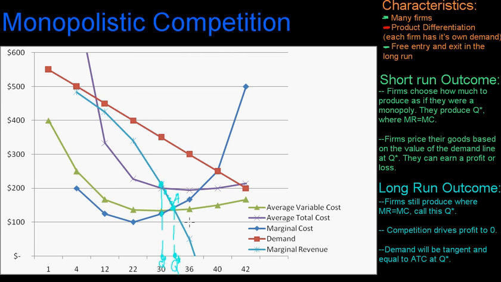So I'm just going to cover the logic if we were on the other side, just so that you can see how it works once more. So if we are over here in green, and we're producing right here, which is, let's call this Q2, marginal cost is greater than marginal revenue. So what it means is that we're producing some goods where it costs us more to produce those goods than we can earn for them.